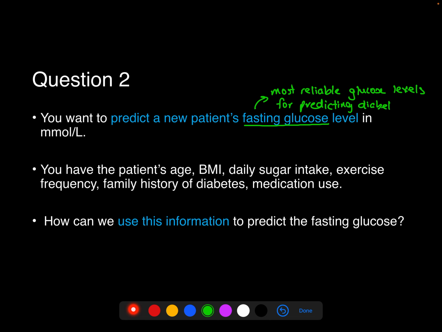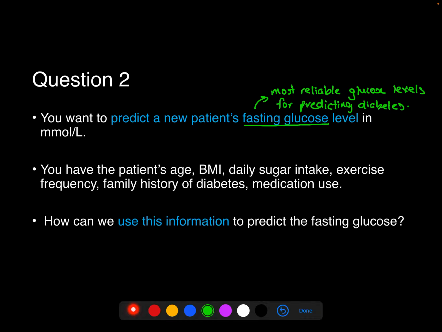However, patients are often not able to fast for whatever reason. They might have been hungry, or they might have just forgotten. And if they have not been fasting, we would have to take something called a random blood glucose level, and that's often not as reliable.